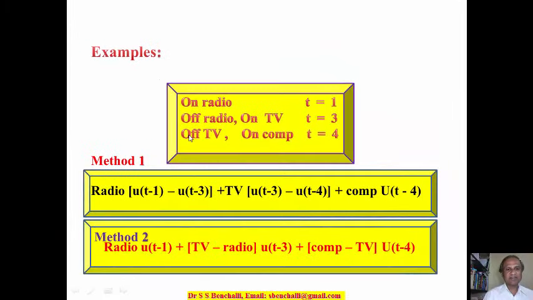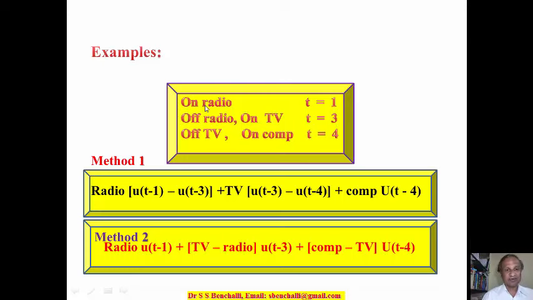Say for example, on radio at t equal to 1, off radio, on TV at t equal to 3, off TV, on computer at t equal to 4. It means that if you turn on radio, television, computer at a time, we cannot use all three gadgets. Is it clear?